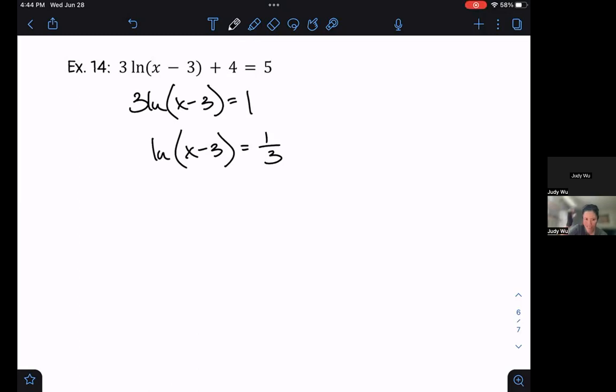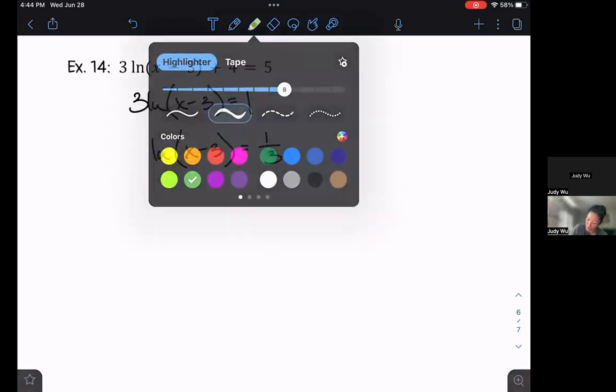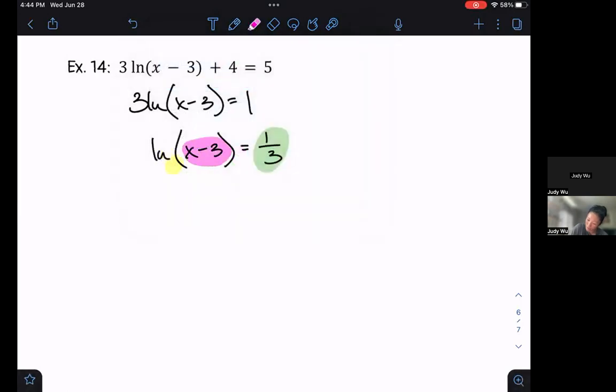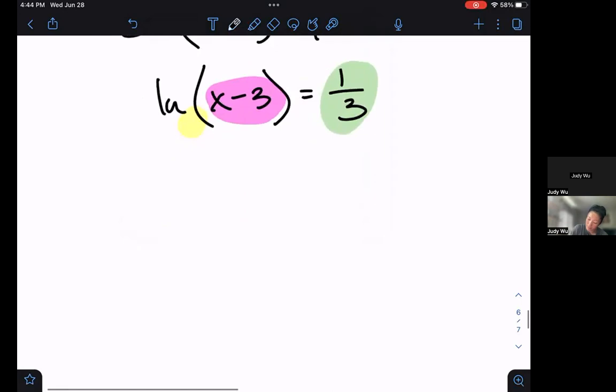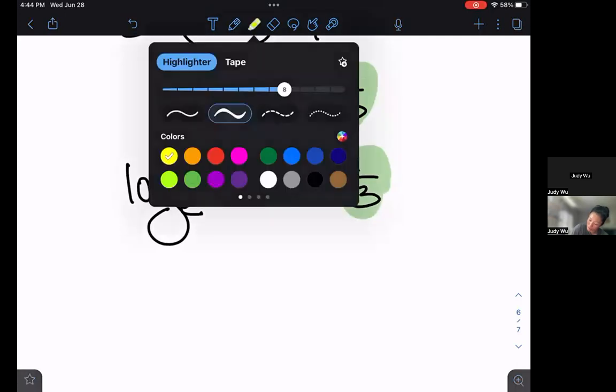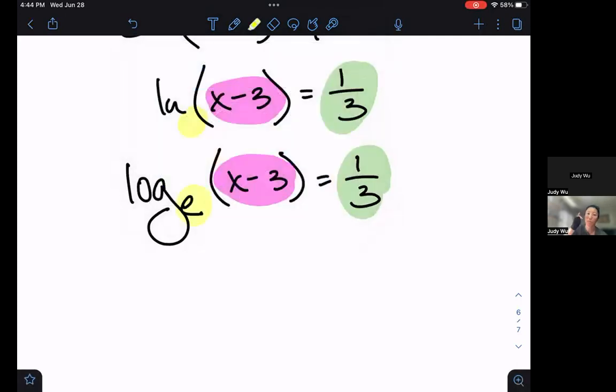I say almost because, again, I don't see a base here. I don't see a number down here. I know this is the power it'll be raised to, and I know this is my unknown. So in order to see that power, it might be helpful if I write it like this, log base e instead of natural log. Now I have my unknown, the power that I'm raising it to, and that all-important base.